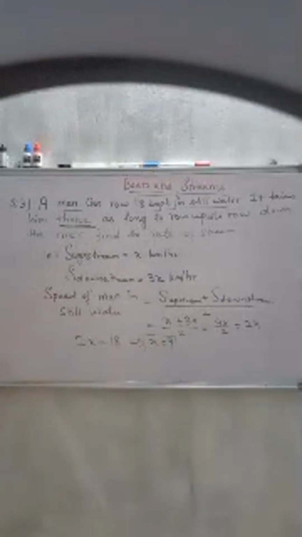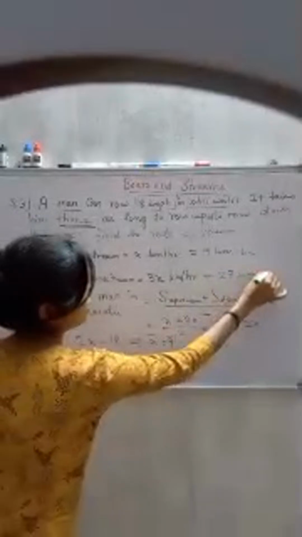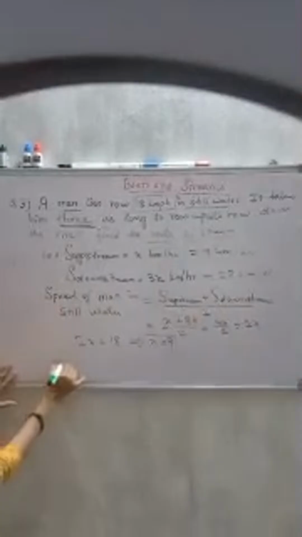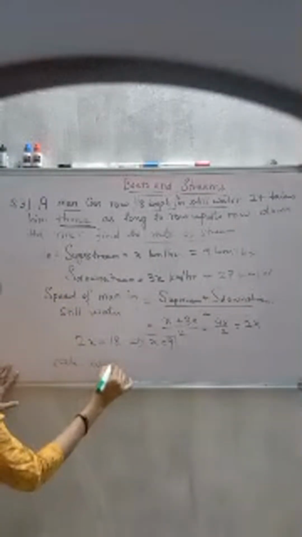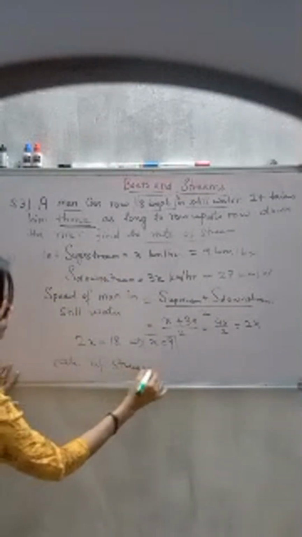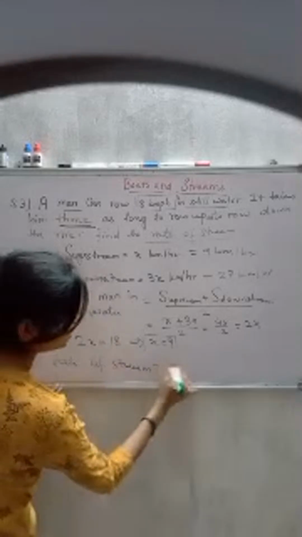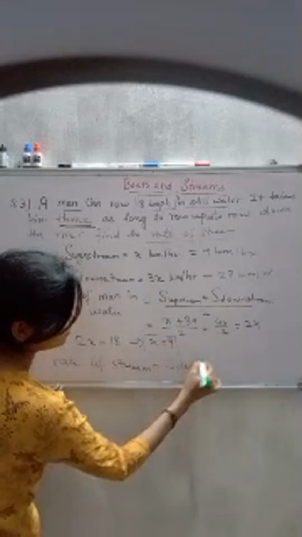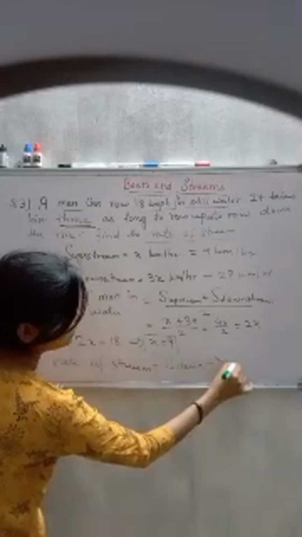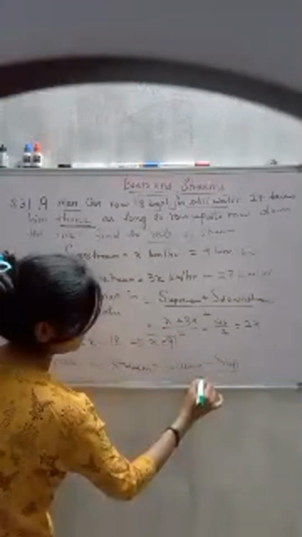Now we have the value of x. X is nothing but upstream. So upstream is 9 km/h and downstream will be 9 3s are 27 km/h. So rate of stream will be speed downstream minus speed upstream divided by 2.